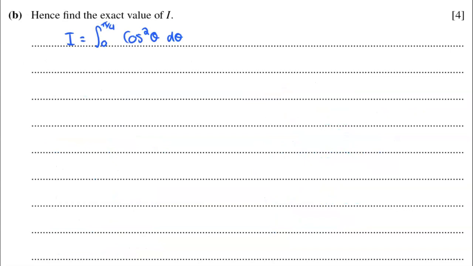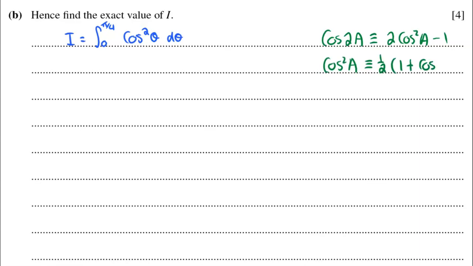The hence part is saying use the simpler version to do the integration, but we can't integrate cos²θ as it stands. So we reach into our formula sheet and hopefully we realize there is a formula where cos 2a is equivalent to 2cos²a minus 1, which of course can be rearranged so that cos²a is equivalent to a half of (1 + cos 2a).